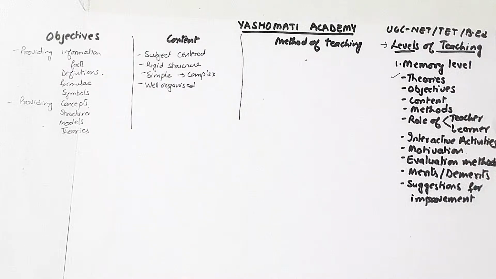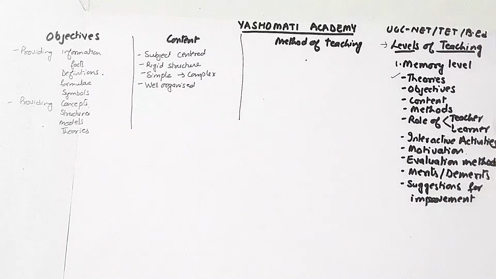Similarly, when we are teaching them sciences, first we teach them simple definitions, then we move to memorization of complex definitions. Or first we make them learn about simple formulae or simple symbols, then we proceed to complex, and in the same way in mathematics.